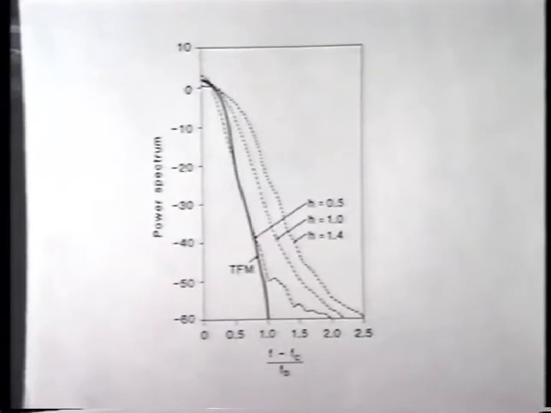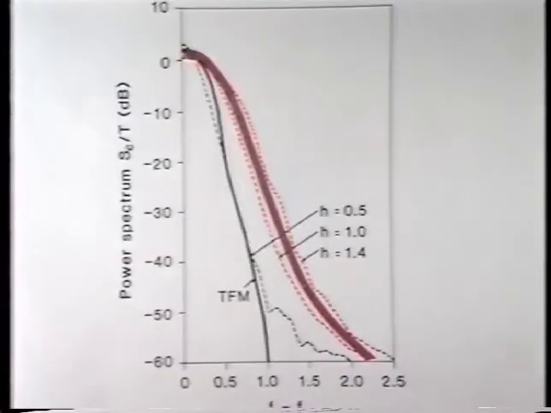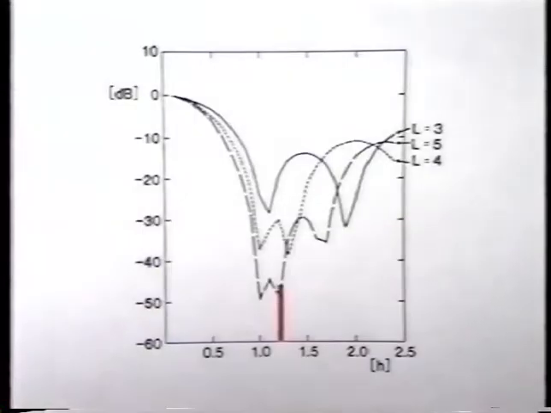Tamed FM uses a modulation index of 0.5, while in our implementation we have chosen h equal to 1.2, indicated by the following figure. A modulation index of 1.2 corresponds exactly to that value which causes the residual carrier component to disappear, which is shown here.